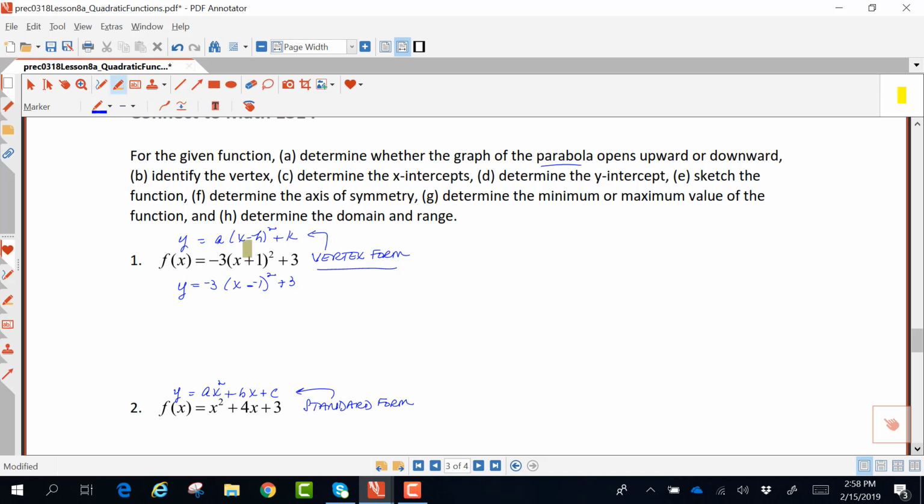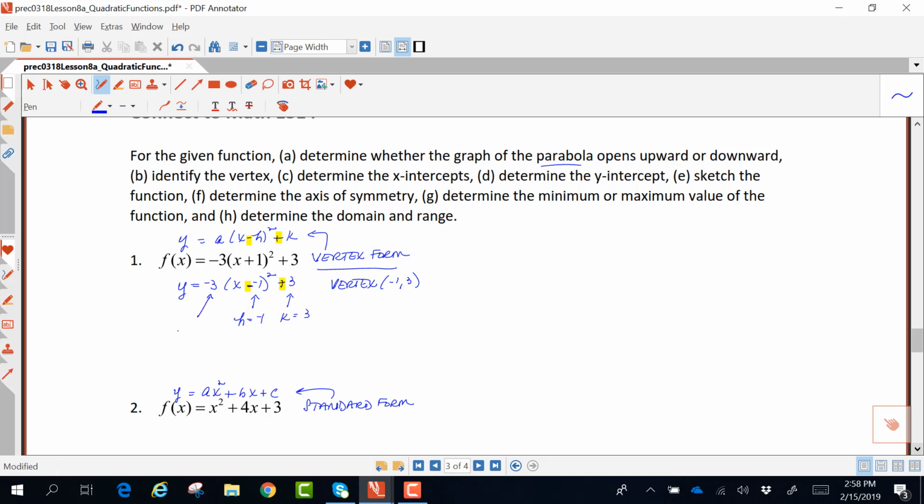Once in this form, we have our minus sign in the parentheses and our plus sign on the end. Therefore, we can identify the h value as -1 and the k value as +3. These two numbers give us the vertex of this parabola or quadratic equation. So the vertex is found to be (-1, 3).